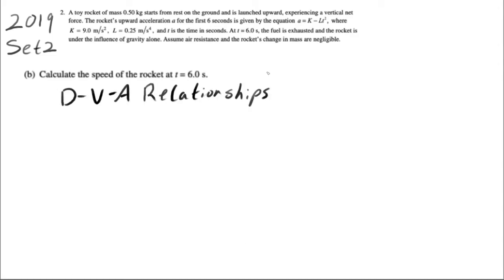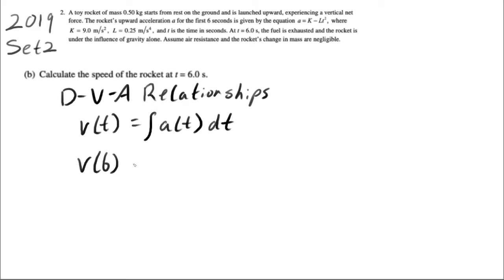So you can also use displacement, velocity, acceleration relationships, and this is essentially the second way to solve part A. So we know the velocity graph can be derived from the acceleration graph because v of t equals the integral of a of t. So make sure to pay attention to the limits of integration. To define velocity at t equals 6 seconds, we have to use the limits of integration t equals 0 seconds to t equals 6 seconds for the acceleration integration, because we want to go from start to this point, t equals 6 seconds.